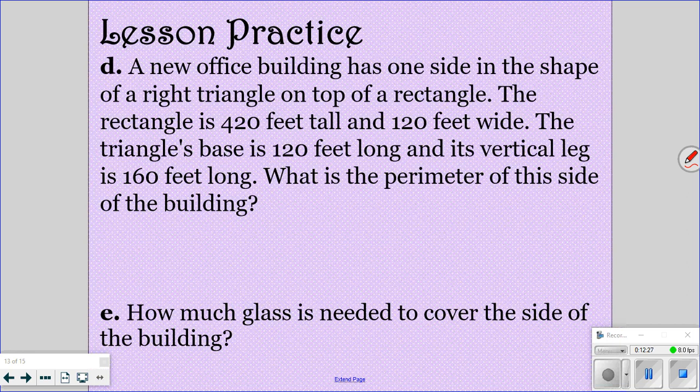We want to know the perimeter of the building. So it has a rectangle with a right triangle on top. The rectangle is 420 feet tall.